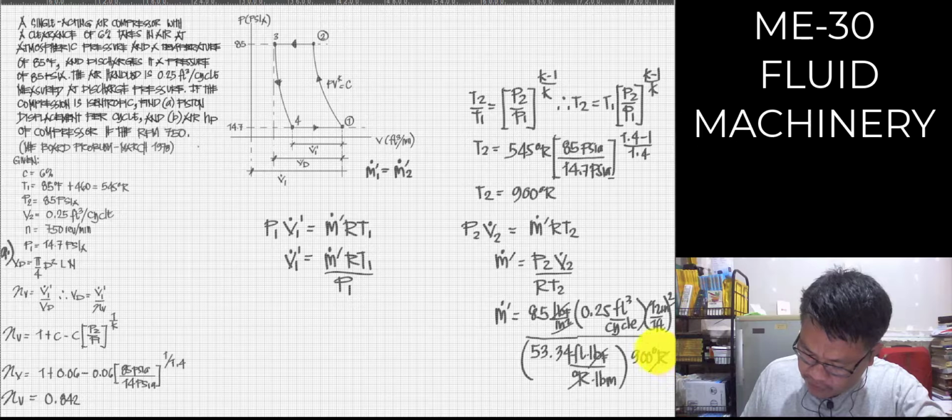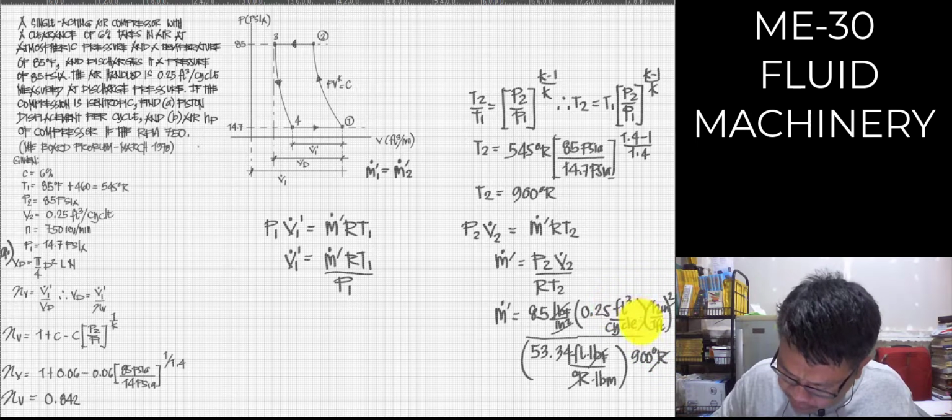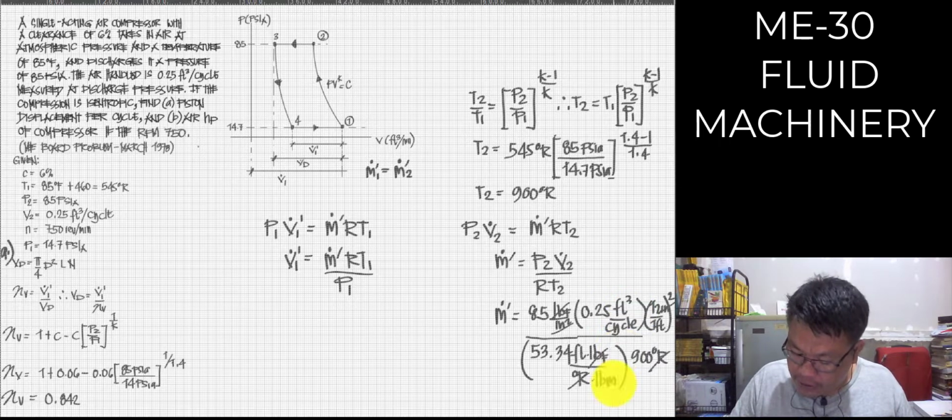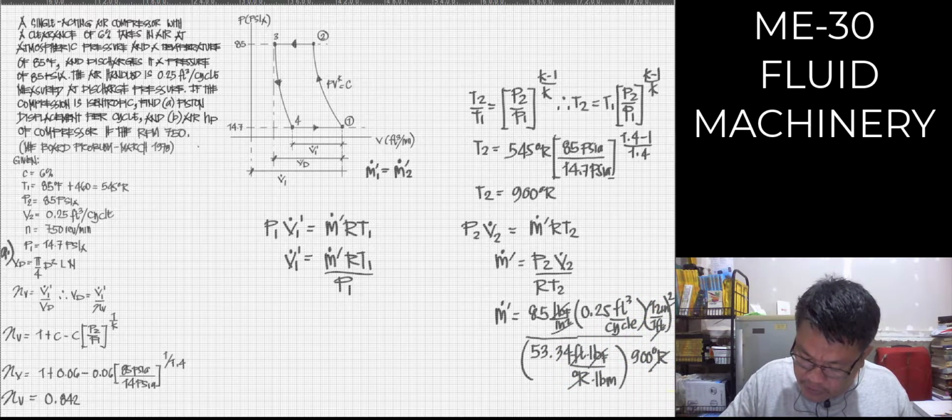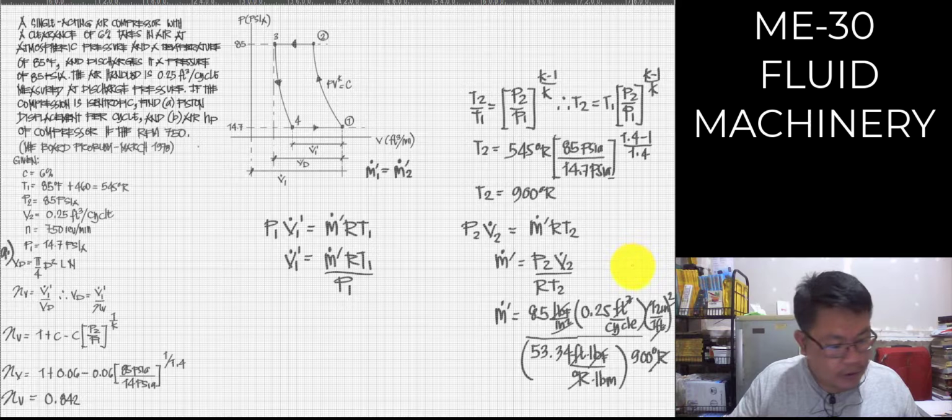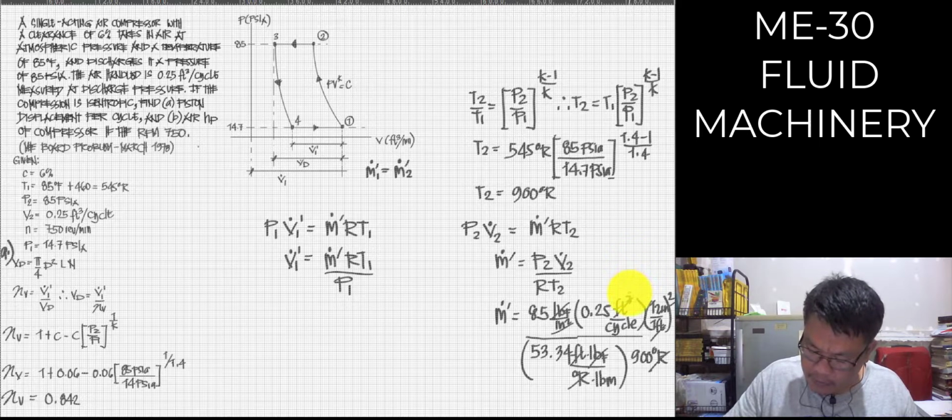What is left is 0.25; the cubic feet will also be cancelled out. So what is left is pound mass per cycle, our units.